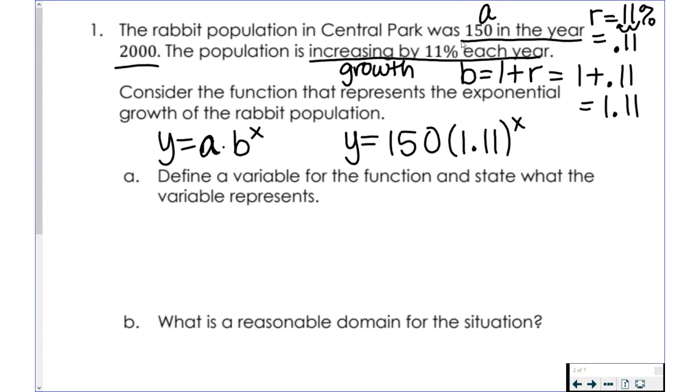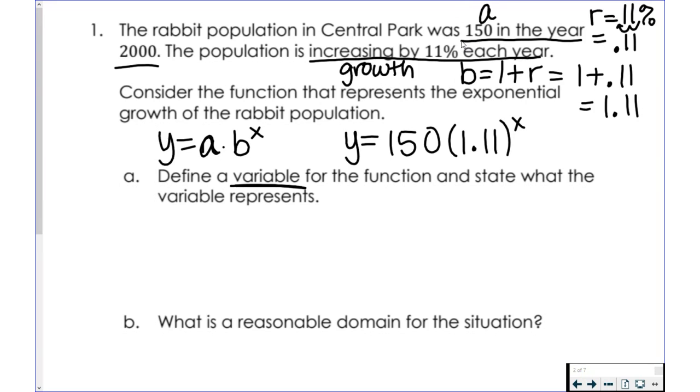So in A, it's telling you to define a variable. Well, it's your number 1, I think. We are going to define a variable for the function and state what it represents. Contrary to popular belief, I get this every year from a lot of students. A is not a variable.